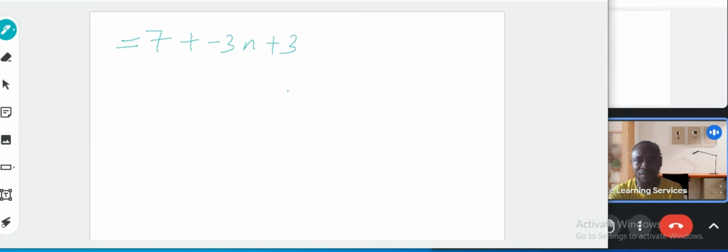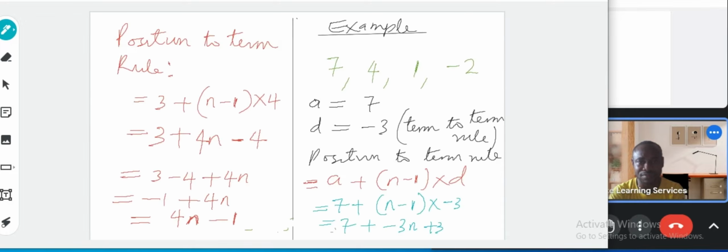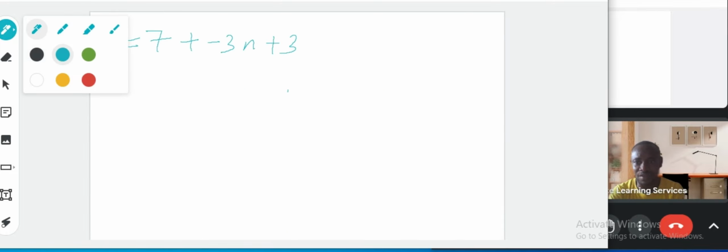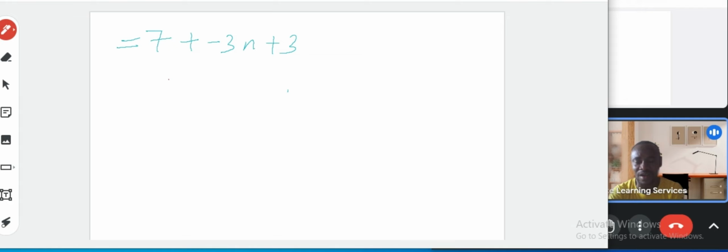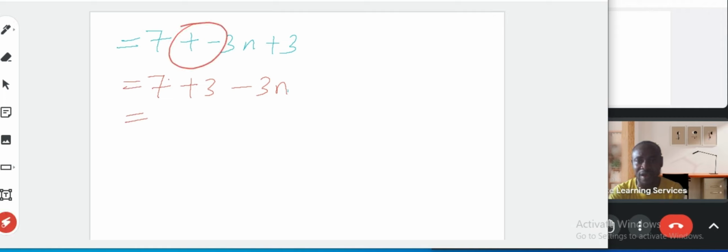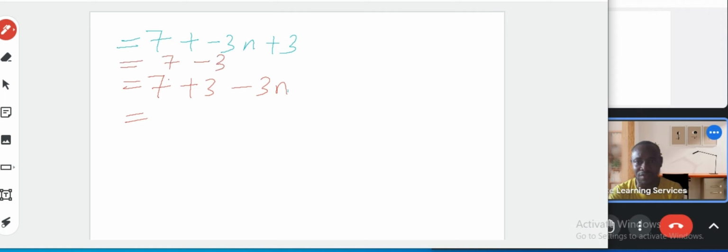Okay, so let's simplify this. What does it give us? You collect like terms. You have 7 plus 3, then minus 3n, is it not? By the way, plus minus is minus. Let me write it better so that you see the same thing. This is 7 minus 3n plus 3, because plus minus is minus.